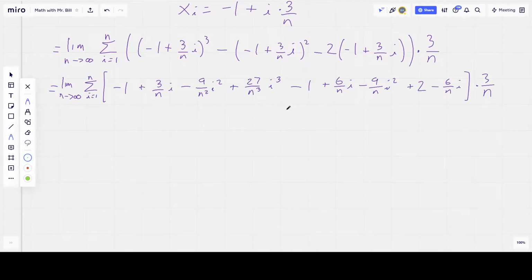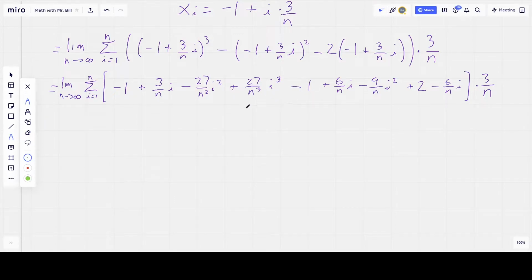Okay, so now I've gotten everything expanded, and hopefully I didn't make any mistakes. Okay, so I've corrected all of my mistakes and got everything cleaned up. Now I need to combine like terms and then get out the number over n in there.